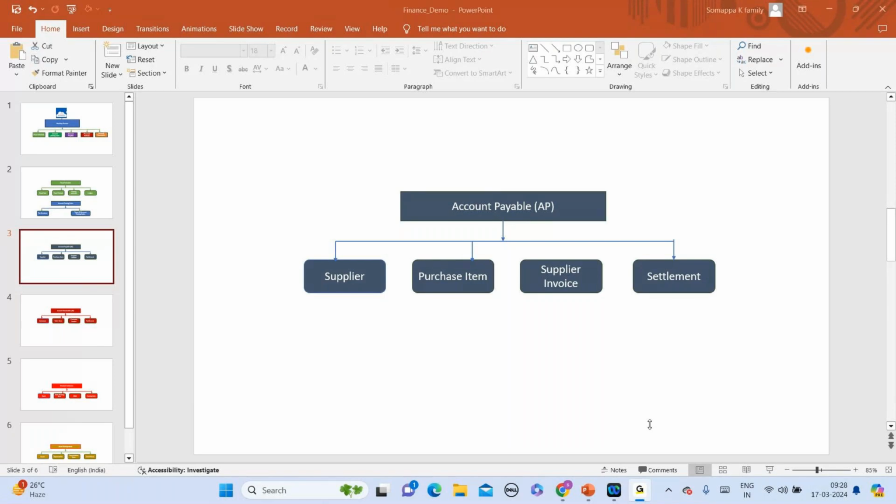Sometimes, for example, if the item supplied by the supplier is not proper, then we can deduct some amount from him, or not pay the amount. All these rules will be there in the AP, which I will be explaining as part of that.